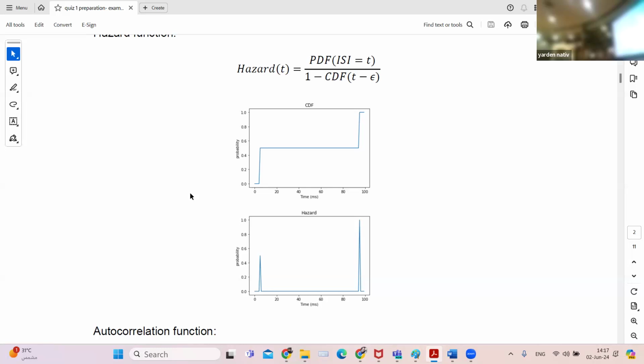And the CDF is 0 when it's for ISI less than 5, half for 5 to 95, and for bigger than 95, it's 1, right?